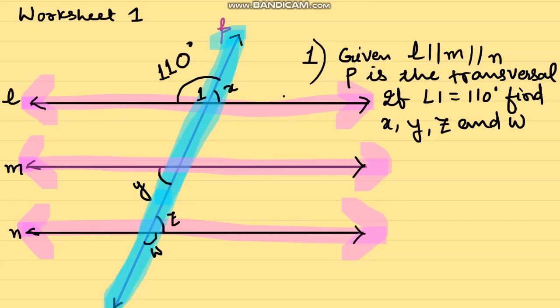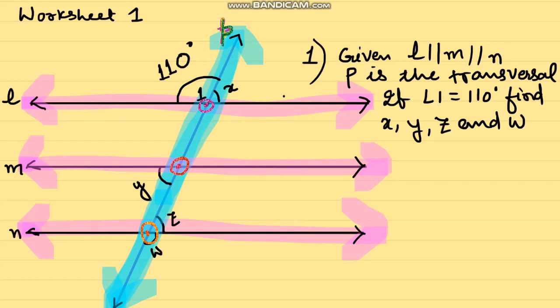So now you can see that transversal P has intersected these three lines at 3 points. This is one point, this is another point, and this is third point. So all the three lines have been intersected at 3 points. So this line P can be said to be transversal P.